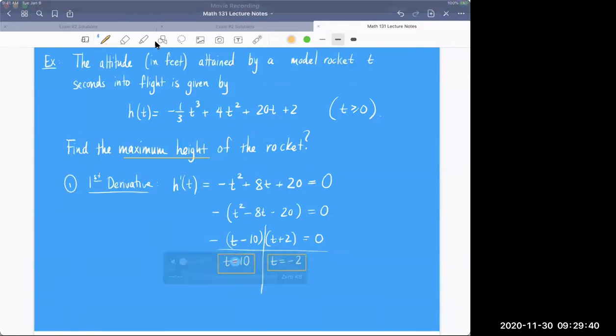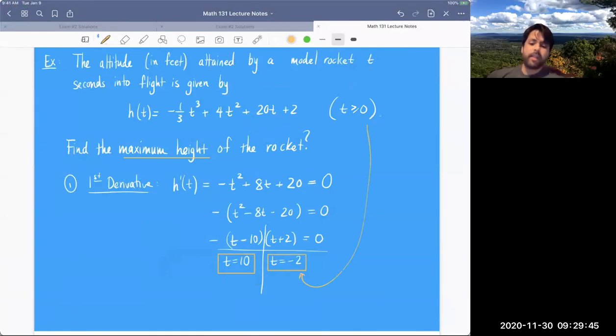I don't need the negative. Why? Because time can't be negative. So do you see the big picture behind this? Mathematically speaking, this would be important because it's a critical number. However, it's not important for the problem because the time does not include negative time. It makes no sense to include it.